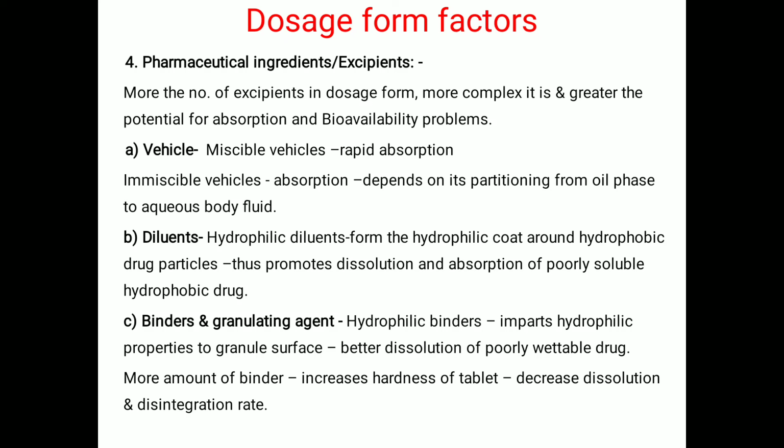Hydrophilic diluents form a hydrophilic coat around hydrophobic drug particles and therefore they promote drug dissolution and absorption of poorly soluble hydrophobic drugs. Then binders and granulating agents. Generally these should also be hydrophilic because they impart hydrophilic properties to the granule surface and thereby there will be better dissolution of poorly wettable drugs.